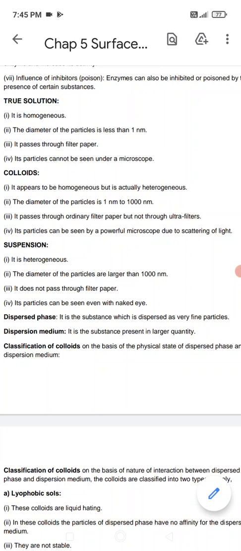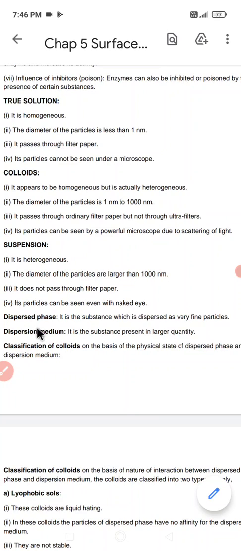After that, the next type is when we study a normal solution. I have told you a solution consists of two parts, the solute and the solvent. The portion of the solution that is present in large amount, and that exists in the same state as the resultant solution, is called the solvent. And the part that is present in a smaller amount, and whose state is different from the resultant solution, is called the solute.